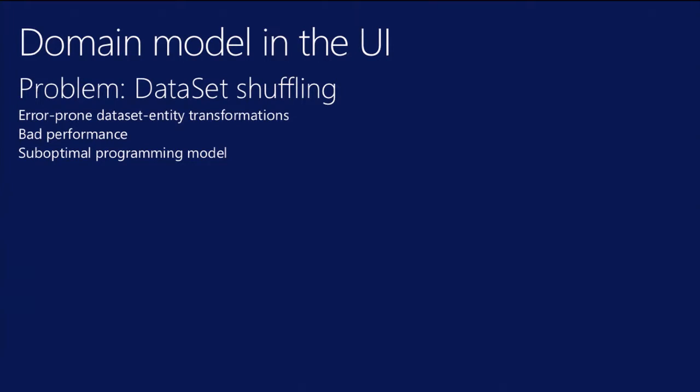As I said, the data would be read up from the database, and then the OR mapper would convert it into entities in their anemic domain model, and then they would have a layer that translated that into a dataset again and pushed it to the UI. And we found that this had very bad performance, and it was very error-prone, because that was a lot of code that had to be written. And you know, coding against datasets is not a very good programming model.